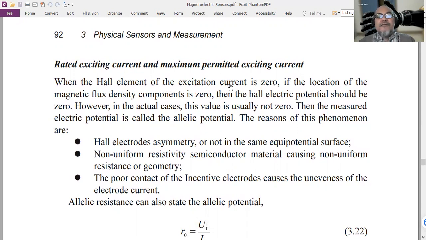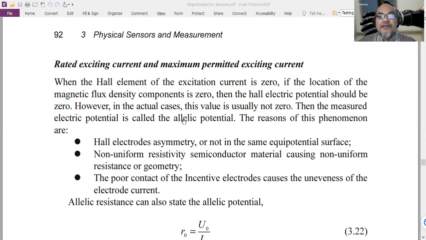When the excitation current of the Hall element is zero, the magnetic flux component is zero. The Hall electric potential should also be zero since the current is not there. So no electric field, and no magnetic field can be detected. However, this value is usually not zero. There should be some leakage current.